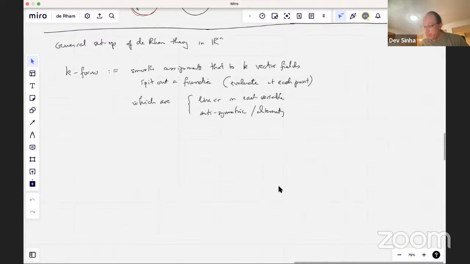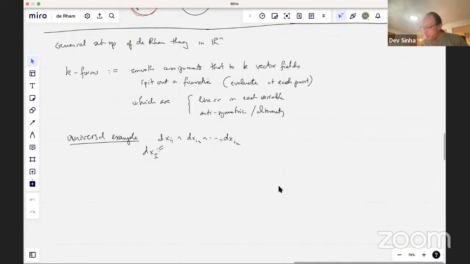Then the universal example is that which we'll call dx_i1 wedge dx_i2 wedge, etc. And I'll call this often dx_I for short. And I've got k of these because this is a k-form.